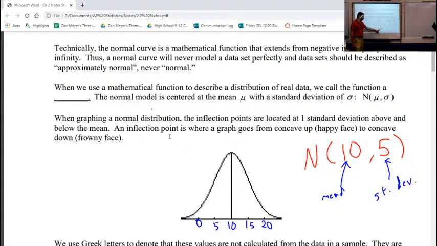So here's one standard deviation to the right, here's two standard deviations to the right, and this is one standard deviation to the left, two standard deviations to the left of the mean. So that's how we would label and draw a normal distribution with a mean of 10 and standard deviation of 5. You would draw your curve, and that's how you would label your scale.